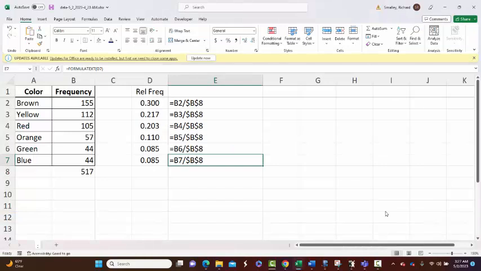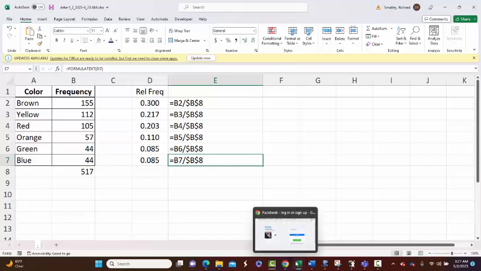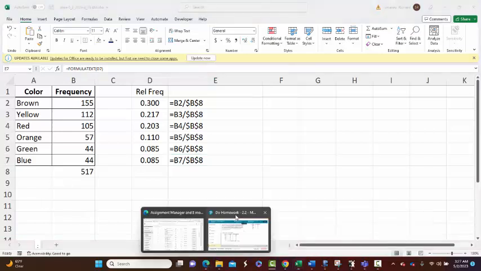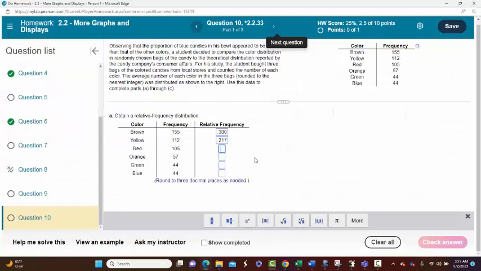Well, since the last 2 are the same. 203, 110, and 85. And 0.085. Back to back.